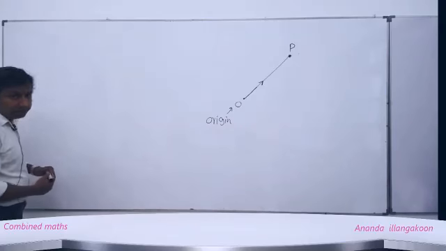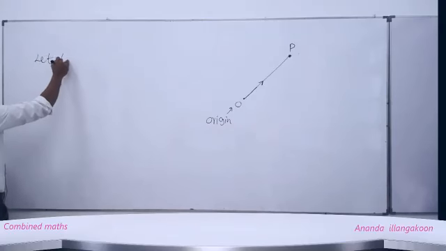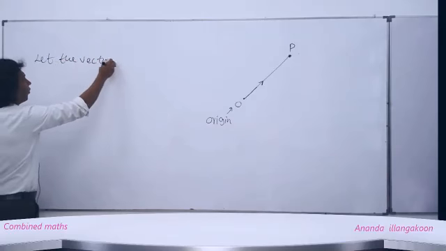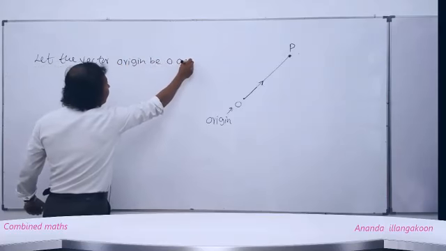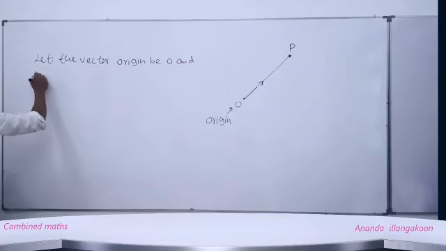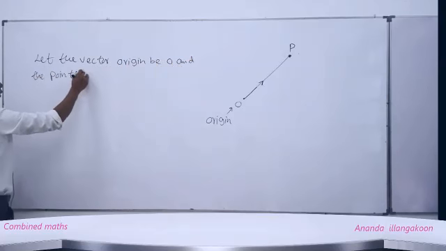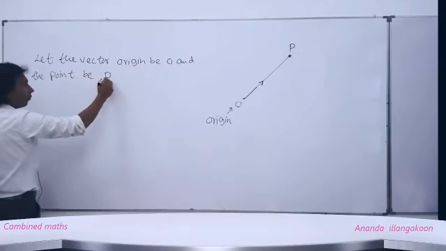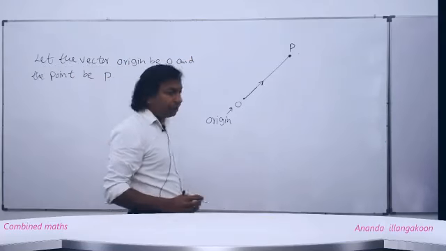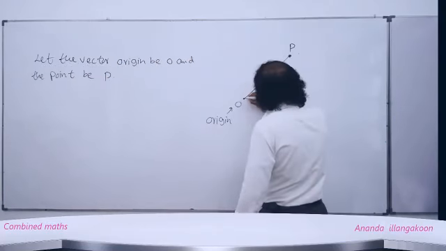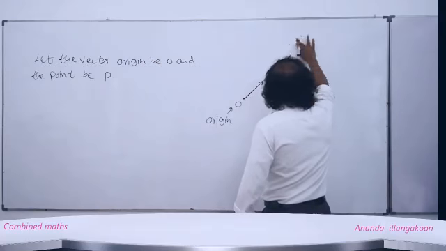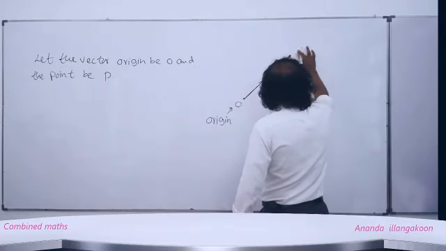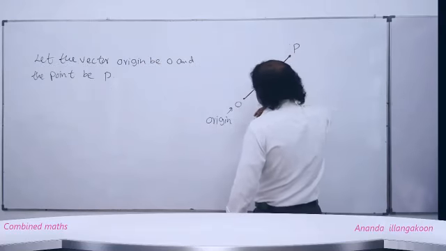Write down like this. Let the vector origin be O and the point be P. Right, we will draw this diagram.